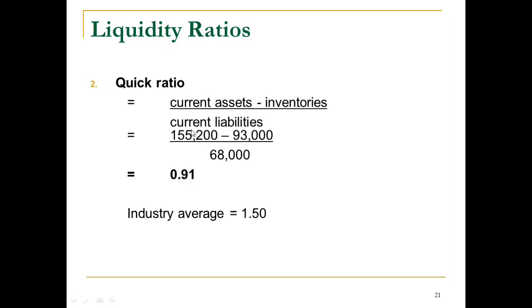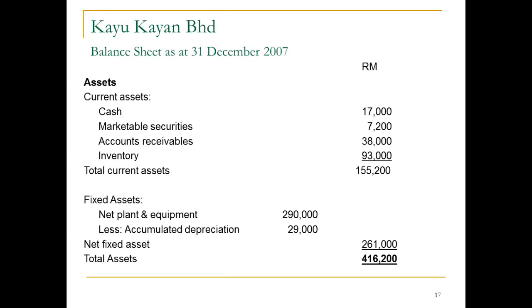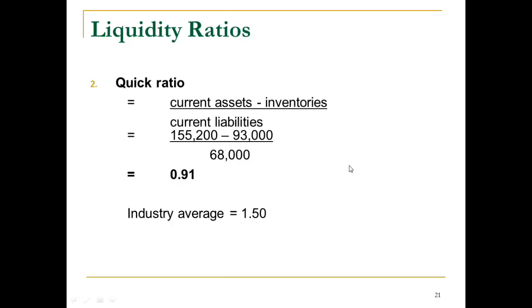So here we look at the current asset, which is 155,200, and then we refer back to our balance sheet. The balance sheet inventory is actually 93,000. So you have to deduct 93,000 from your current asset, then you divide by the current liabilities, then you get a quick ratio of 0.91, whereas we compare it with the industry average, which is 1.5.